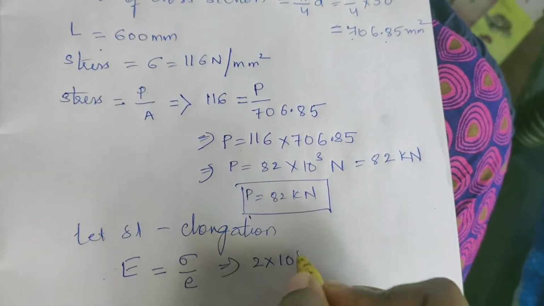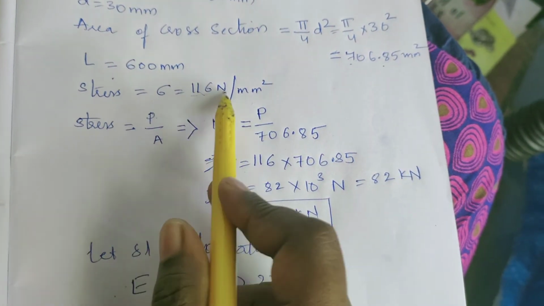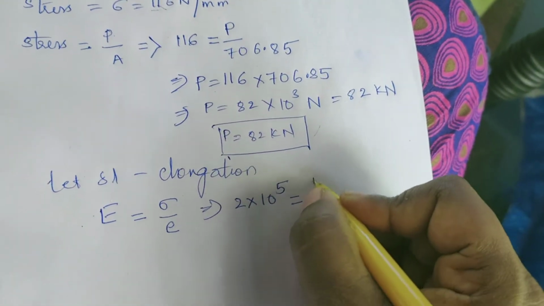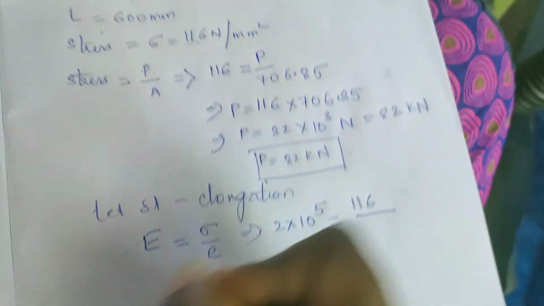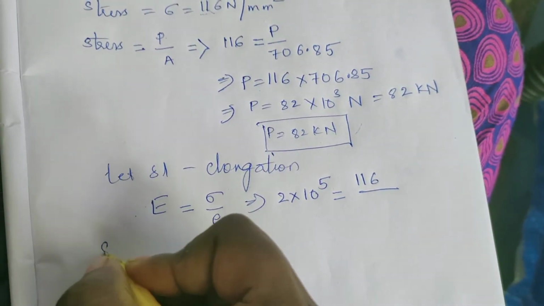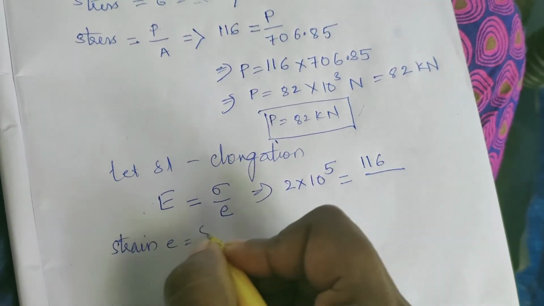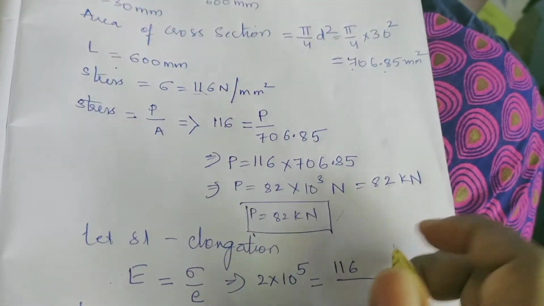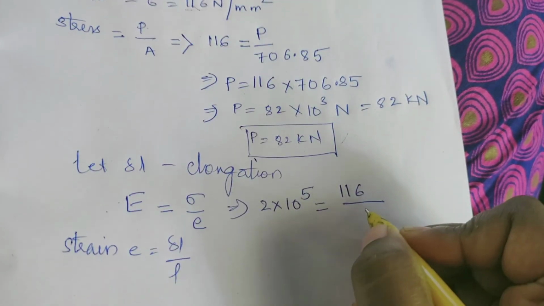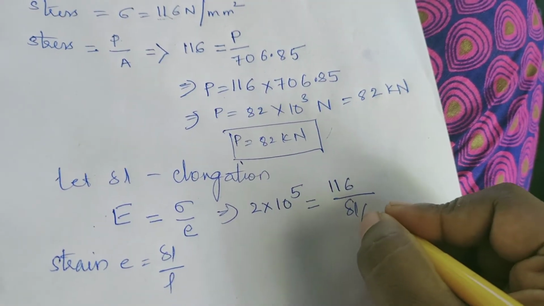So 2 into 10 to the power of 5 is equal to the stress value, 116, by strain. Strain is simply change in length by original length. The change in length is what we need to find, and the original length is already given, that is 600 mm.